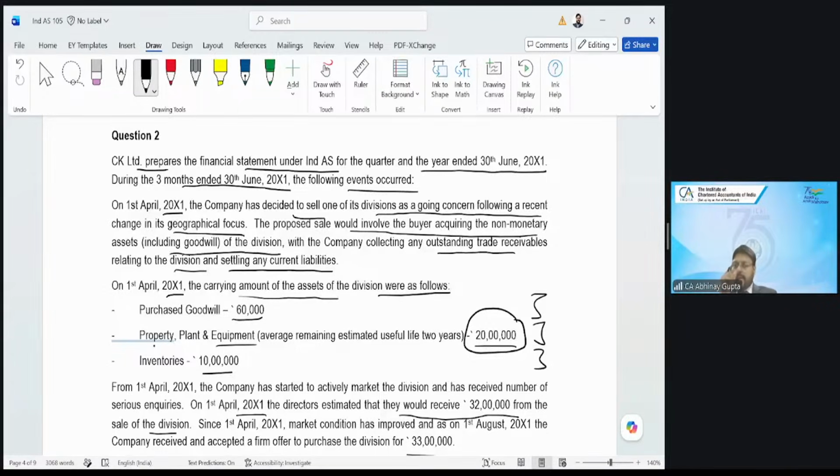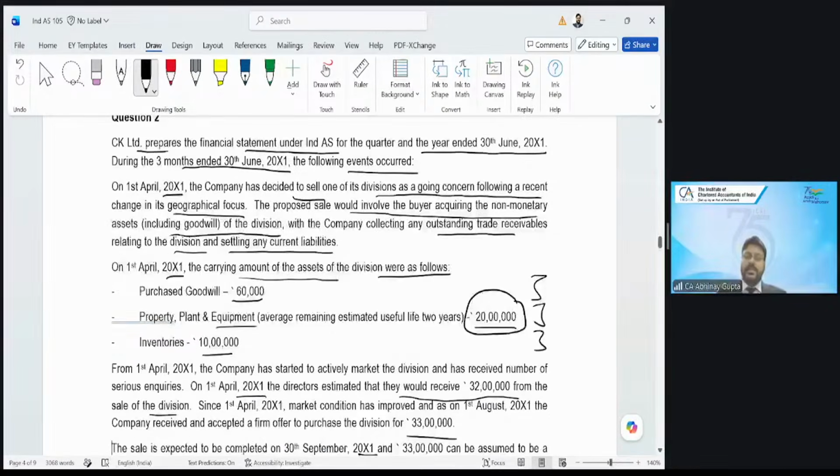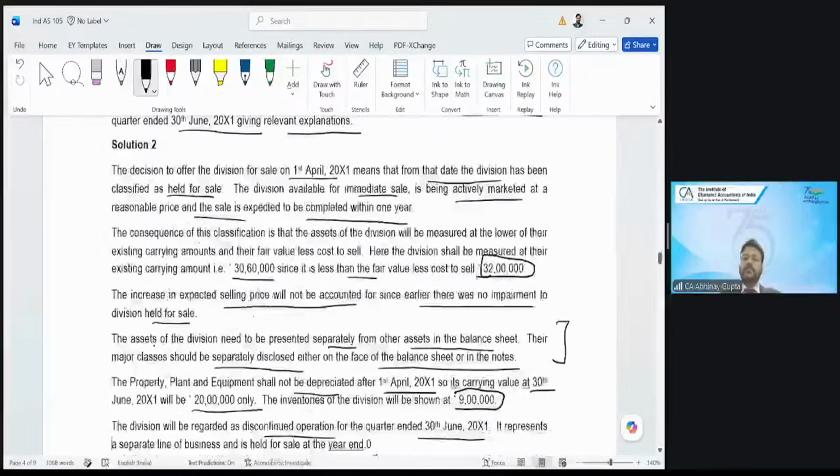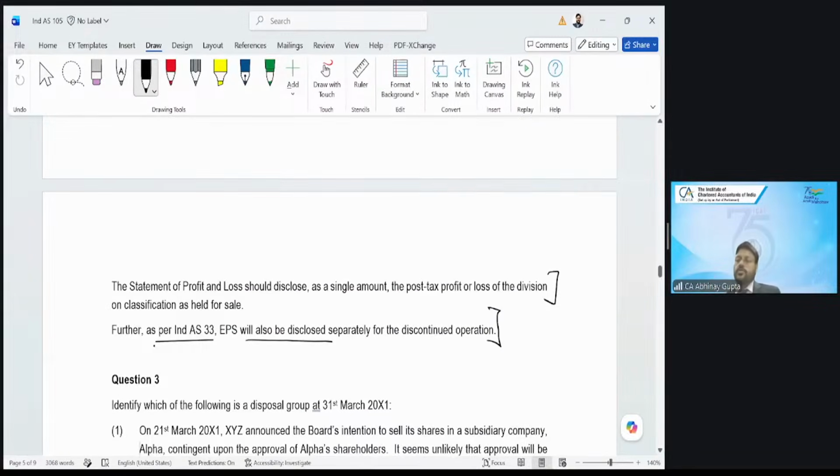Since the ask from the question was how the results would be presented for the quarter end, the EPS presentation is also part and parcel of those results, right? So that's why we need to mention that as per Ind AS 33, EPS will also be disclosed for the continuing and discontinued operations separately, right?